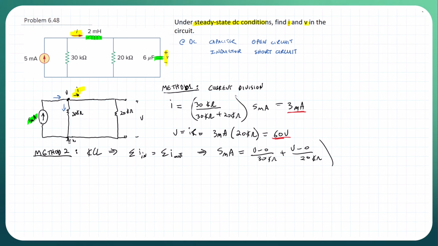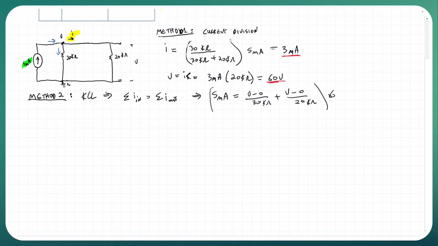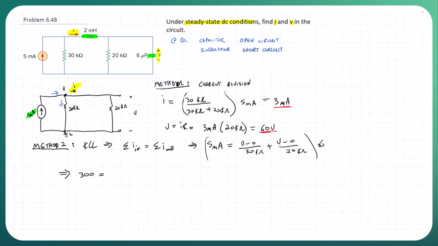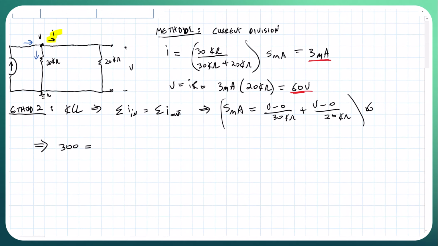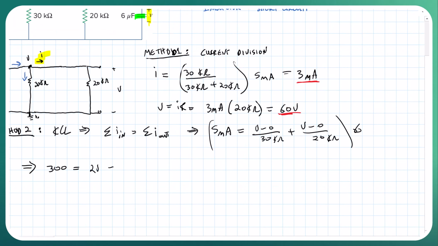I can multiply this whole thing by 60, and that will give us 300 equal to V over 30 plus V over 20, multiplied by 60, so we get 2V plus 3V.